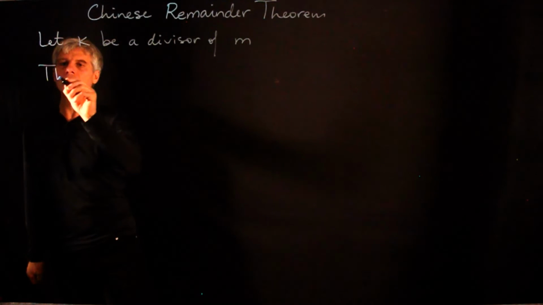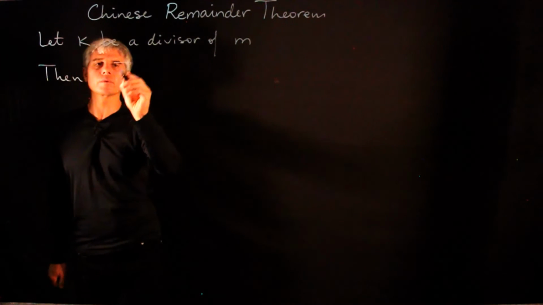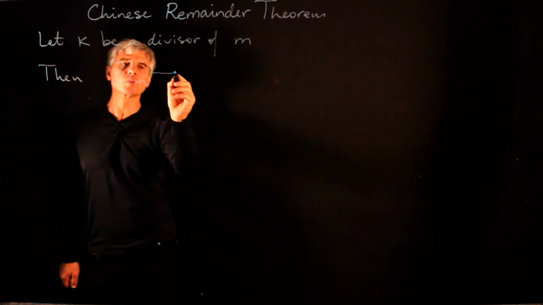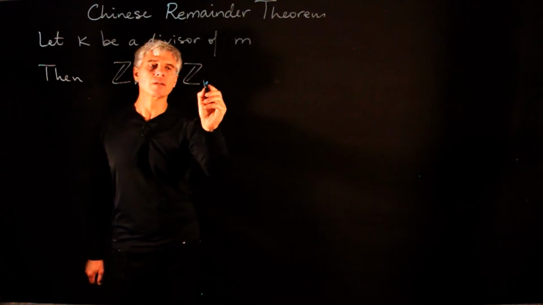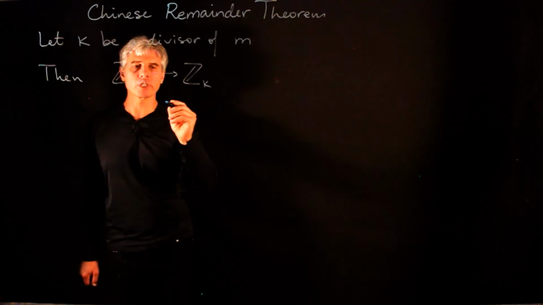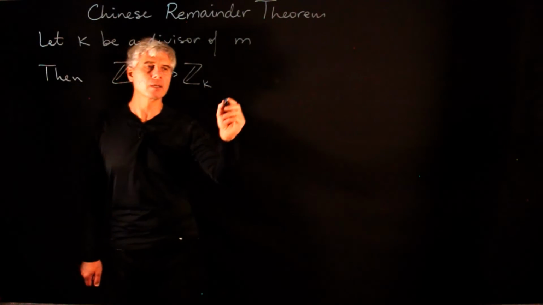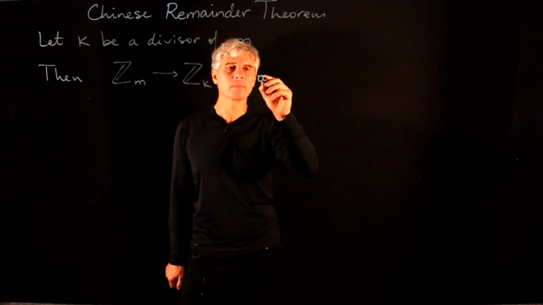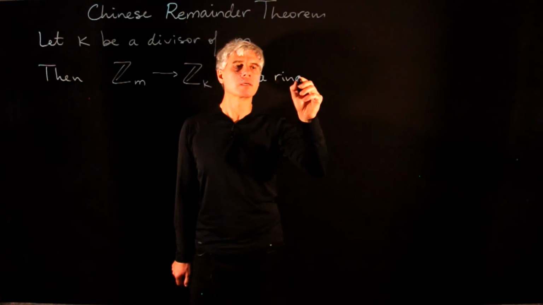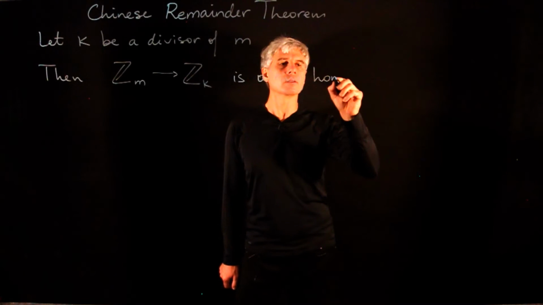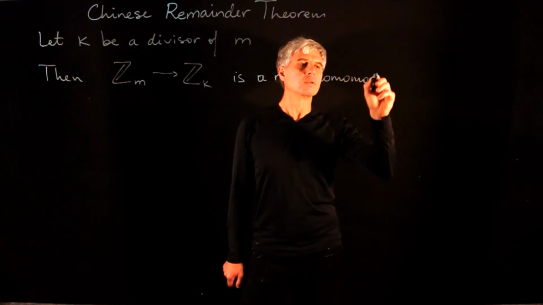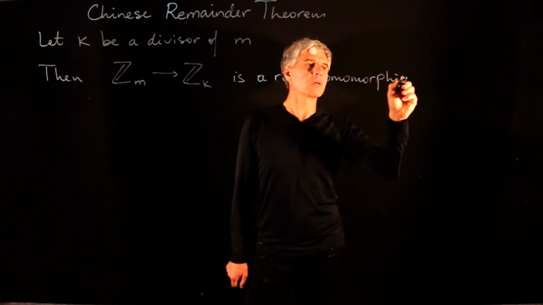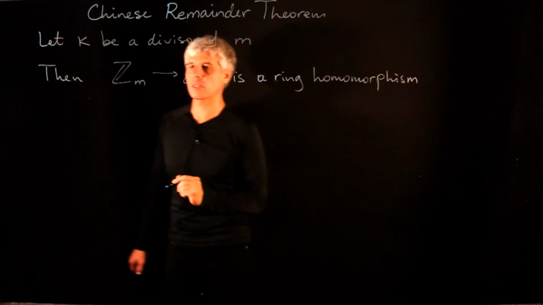So then we have a natural map from Zm to Zk, where we take just the remainder mod k. So this is a ring homomorphism. This means this operation preserves addition and multiplication.